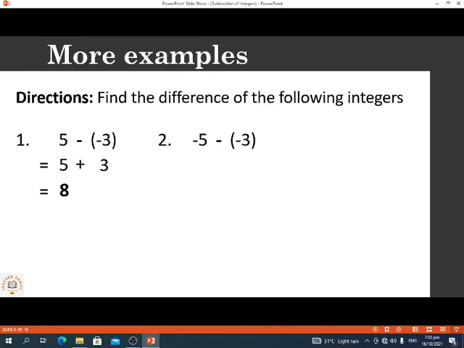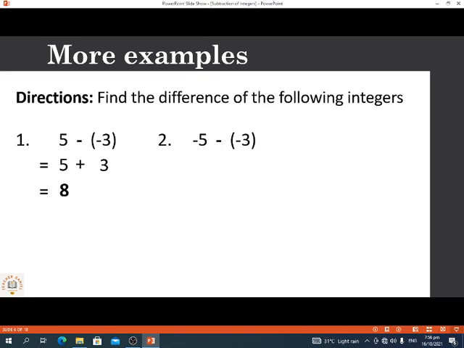So we will use the KCC. What is KCC? KCC means keep, change, change. We will keep the minuend, change the operation, and change the sign of the subtrahend.